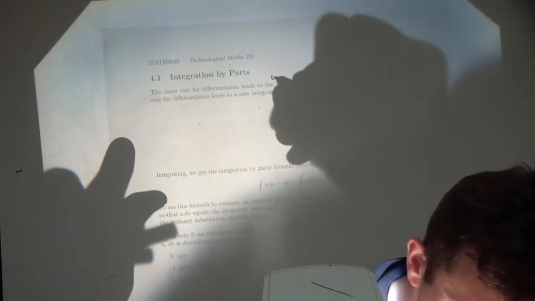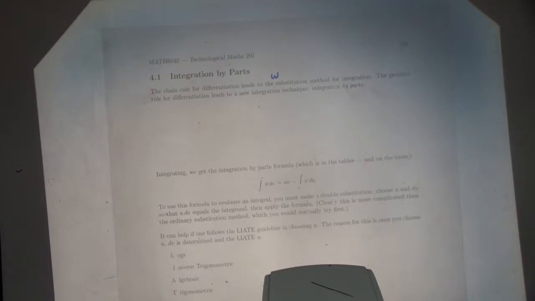The chain rule for differentiation leads to the substitution method, which we call the W substitution method. And the product rule for differentiation gives us another antidifferentiation technique.